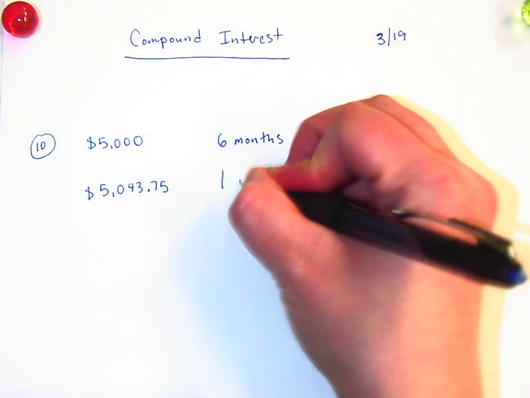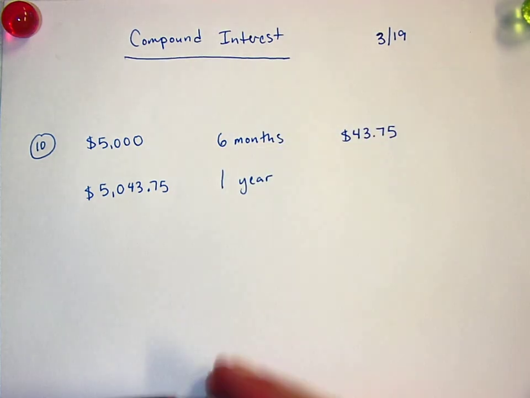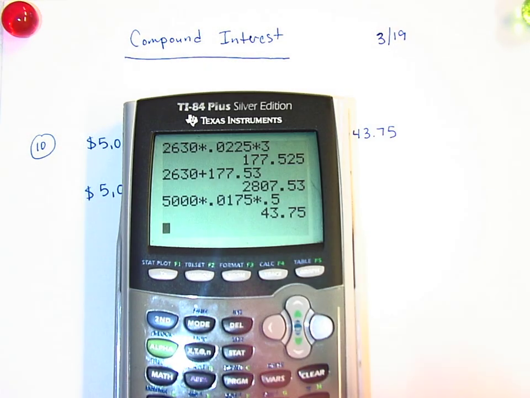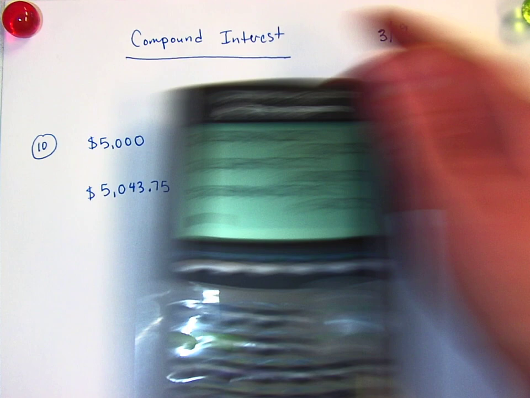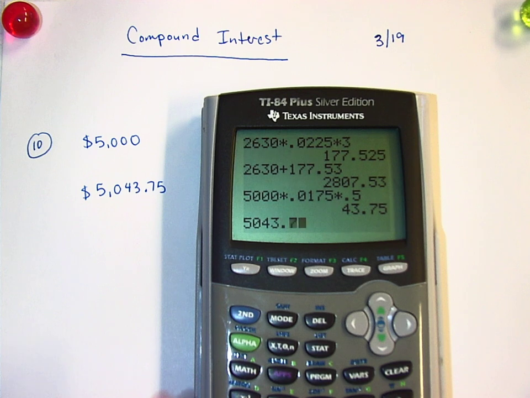And now we're going to be at 1 year, so another 6 months later. And I'm going to do the exact same math again, except I'm not going to start with 5,000 this time. I'm going to start with this 5,043.75. And then I'm going to multiply that by the rate, which is 0.0175, and then multiply by another half a year, another 6 months.